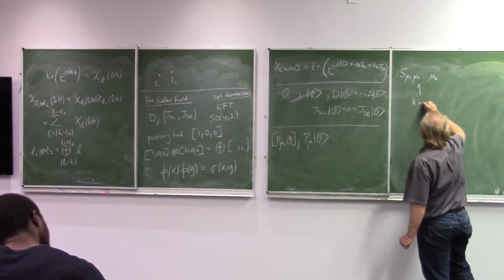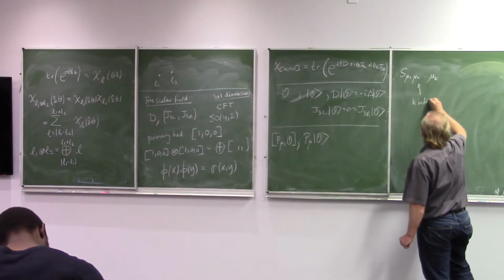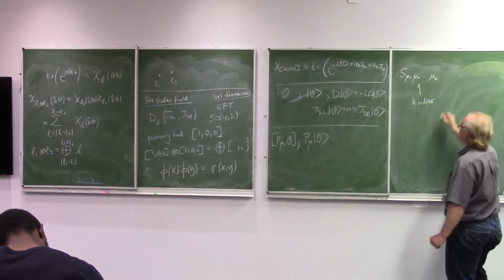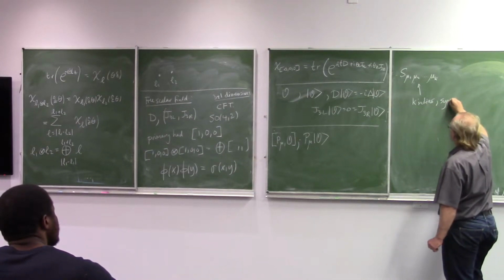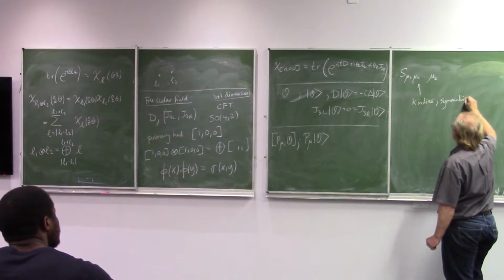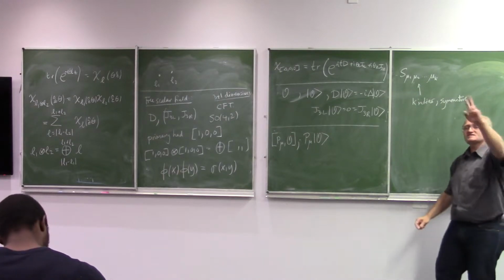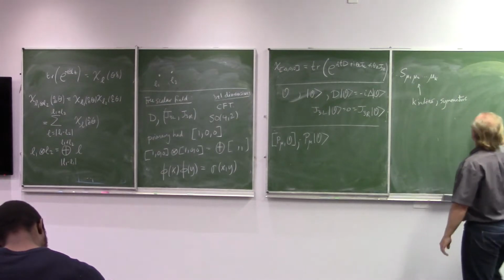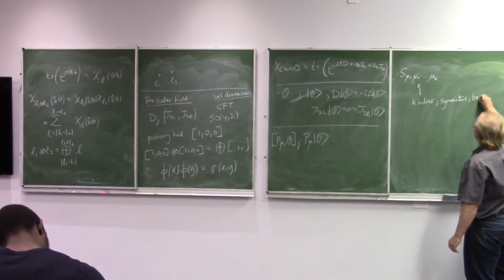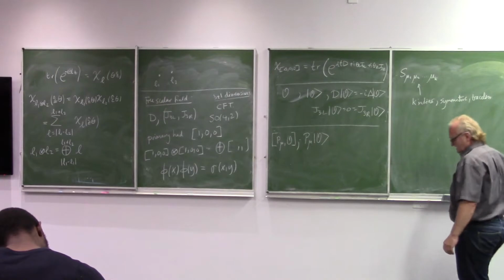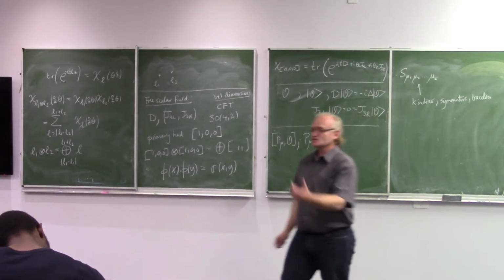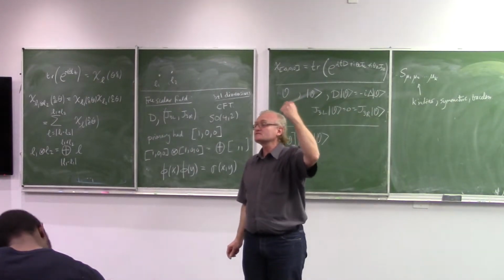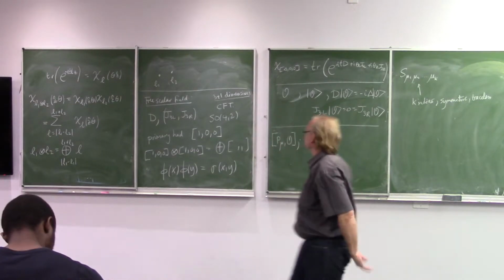So it has k indices. It is symmetric, by which I mean I can swap any two indices and the tensor doesn't change. And it is also traceless, by which I mean contract any two indices with the Minkowski metric and you'll get 0.